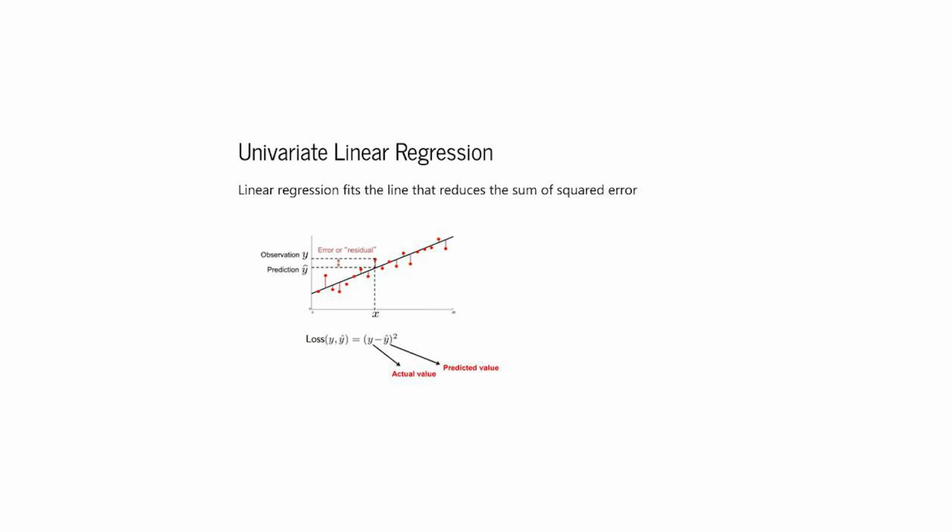For example, let's say the actual price of the house was 25, and our prediction was 23. The error is 25 minus 23, which is 2, squared, which is 4. That is the error for one sample. Assuming you have n samples, you will have n errors. This line is the one that minimizes the combined version of all those errors, and that is what linear regression is.